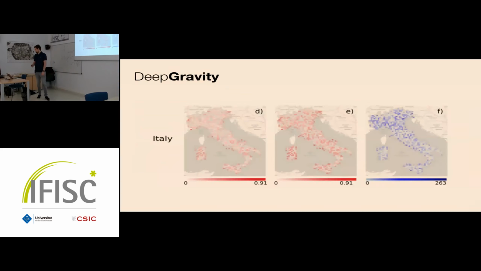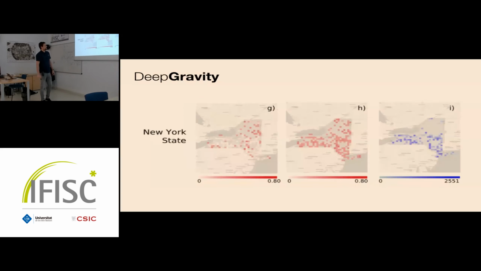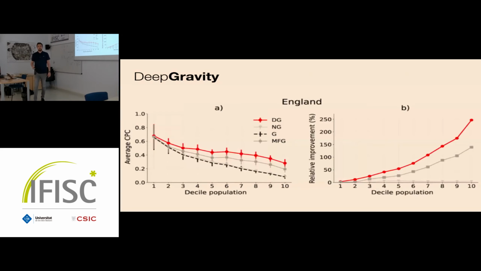And we have similar results also in Italy, for example, with Milan and Turin and the others. And also in New York, where you can see that here, where we have the big city of New York, we have a big relative improvement, and also some relative improvement here where there are smaller cities, but still relevant.